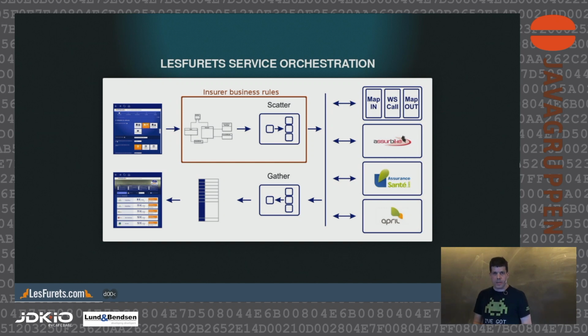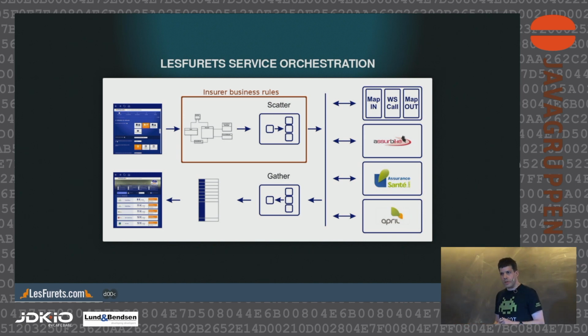After that, we do an input mapping that translates that set of information to dispatch a large amount of requests to each insurer and obtain a quote. On the response, it's the gather part of the pattern, and we just do the mapping, try to aggregate the responses in the same format and return the result to the customer.